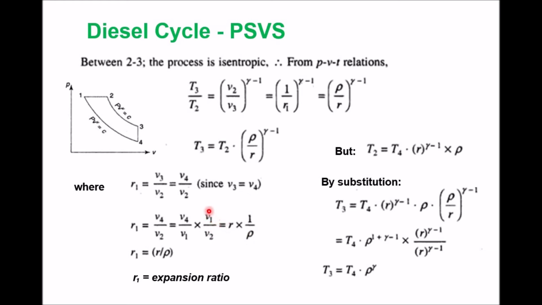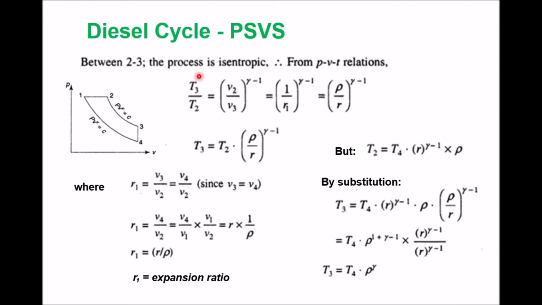So this becomes r times 1 over the cut-off ratio. By simplifying further, r1, the expansion ratio, is equal to the compression ratio divided by the cut-off ratio. So instead of writing r1, we have r over rho. Since r1 is equal to r over rho, further simplification results in rho divided by r raised to gamma minus 1.